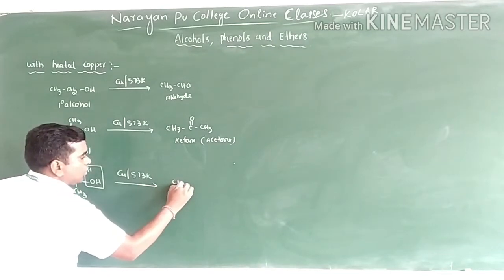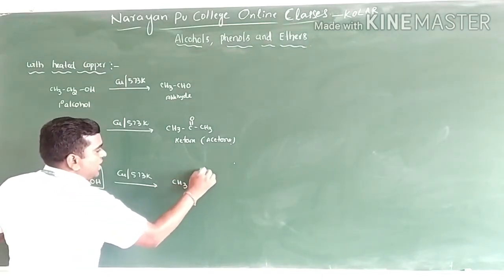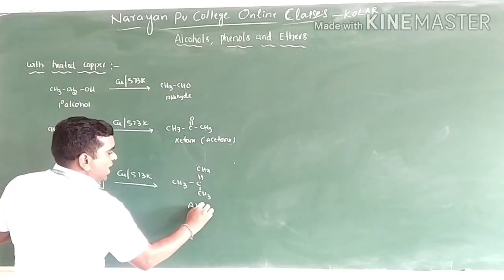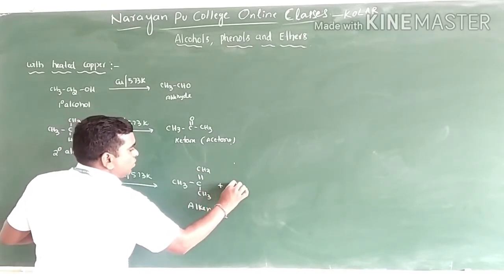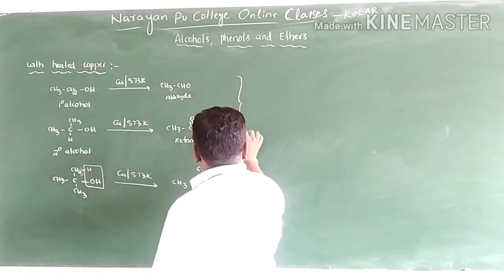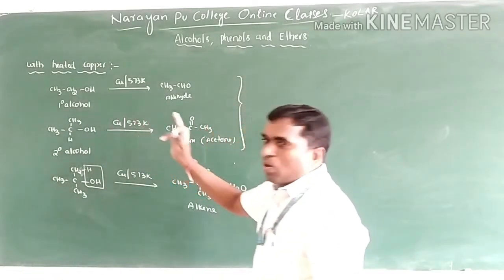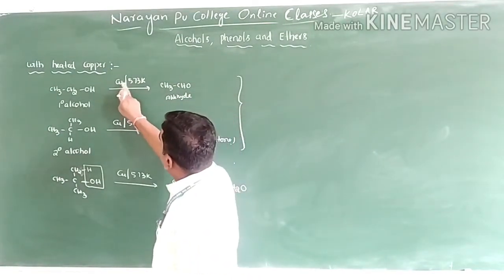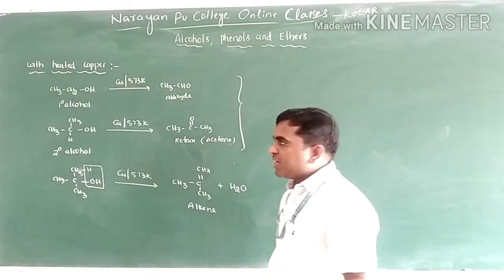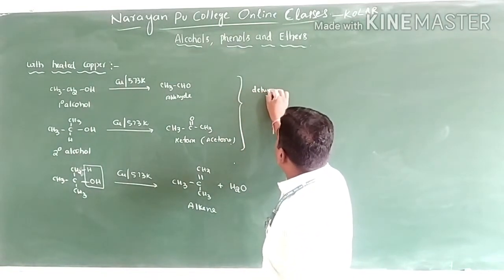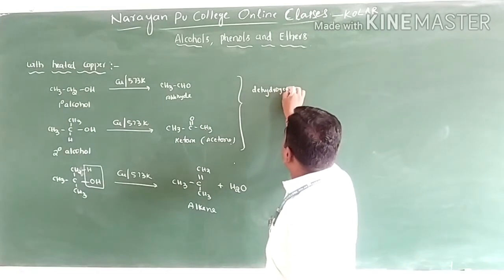So you will get this compound, with CH2, CH3. What is the compound here? Alkene, plus H2O. So these two reactions, primary alcohol and secondary alcohol reacting with copper at 573 Kelvin, are oxidation due to dehydrogenation.